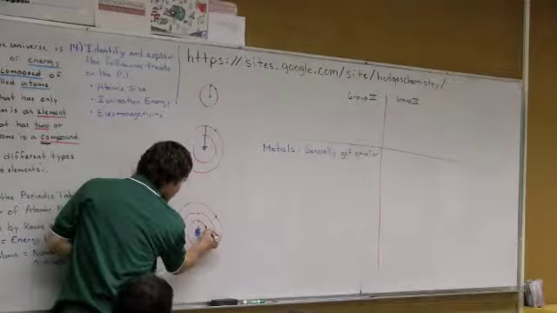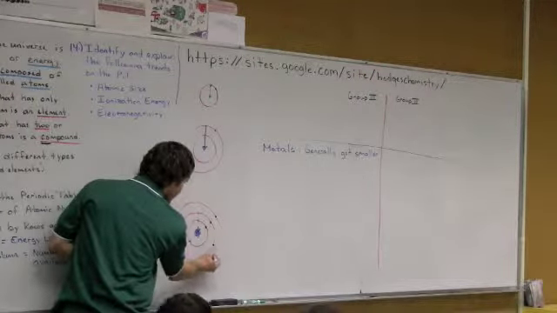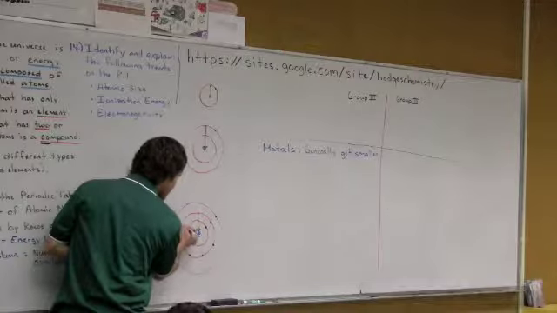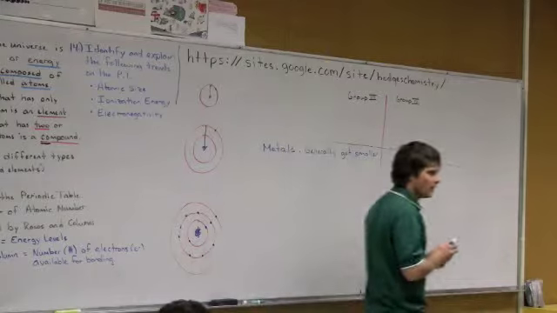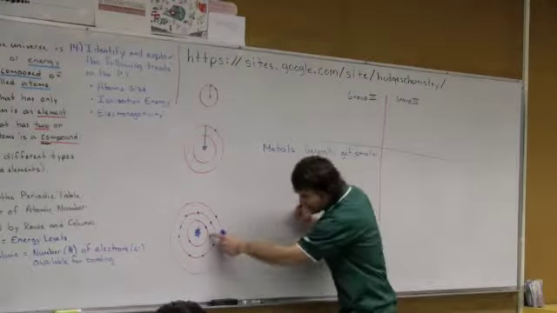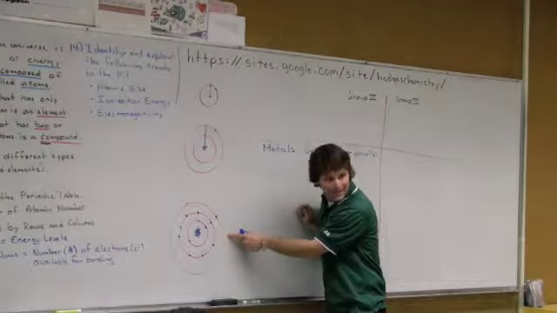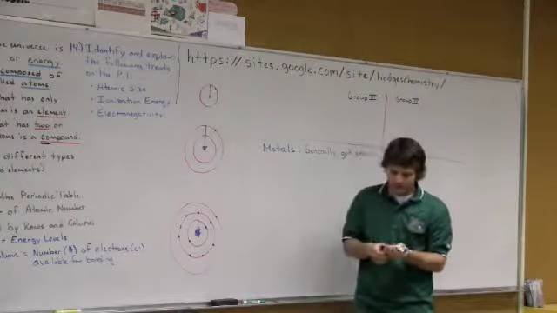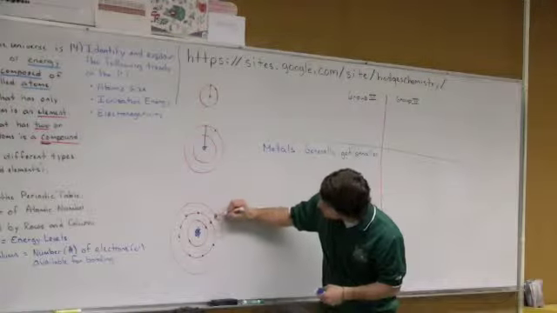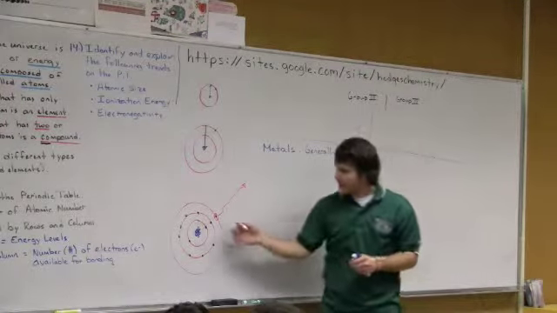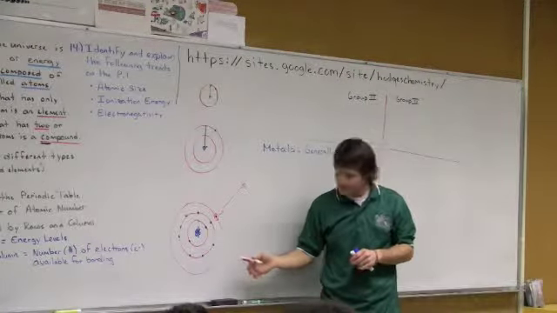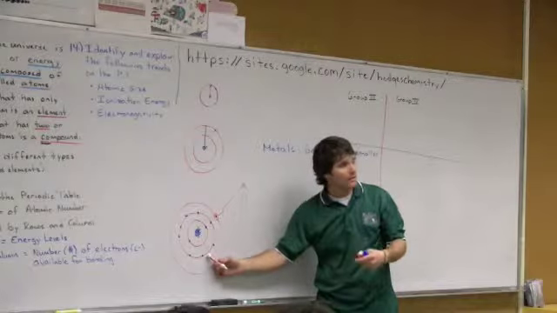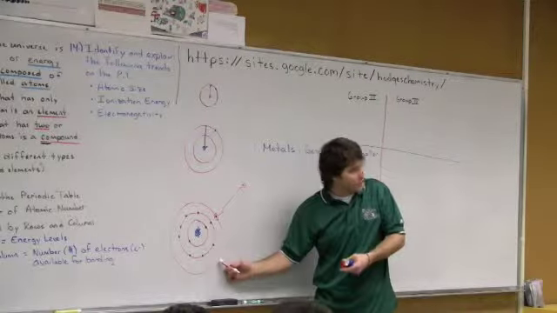So take a look at sodium with 2 electrons there, and 1, 2, 3, 4, 5, 6, 7, 8 electrons here, and 1 on the outside. When that atom with 3 energy levels loses an electron, all of a sudden that third energy level is empty. That third energy level does not exist, and now it's only got 2 energy levels instead of its original 3.